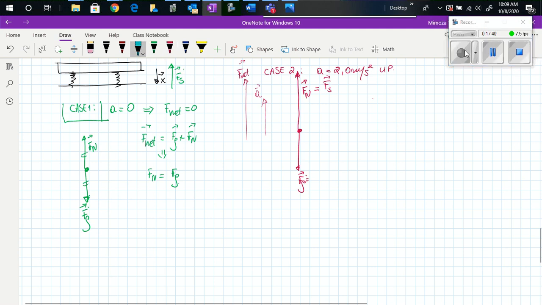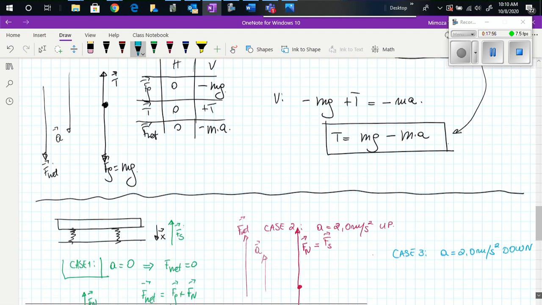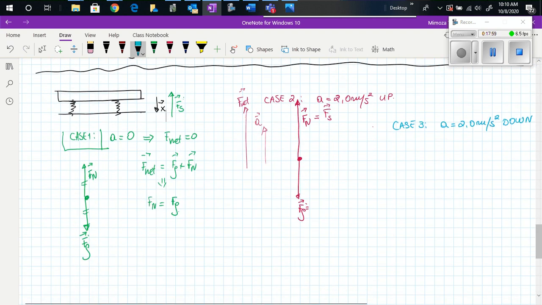And the third case, when you are moving with an acceleration that is going down, the free body diagram of this situation will be such that the force normal is less than the force of gravity in magnitude, because the direction of the acceleration is down, which means that force net will have the same direction as the acceleration.